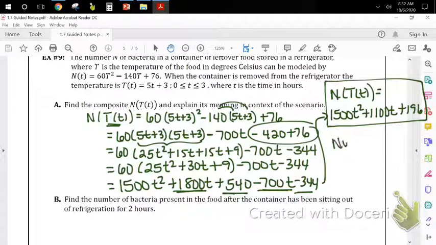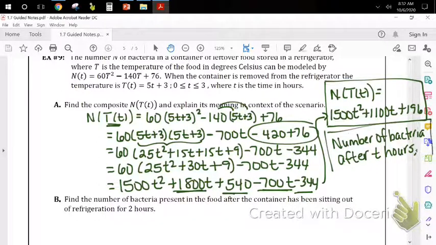So the number of bacteria, technically, is the number of bacteria in a container of leftover food after t hours. So the number of bacteria after little t hours. Okay, I just kind of shortened it up there, so we got the gist of it though.